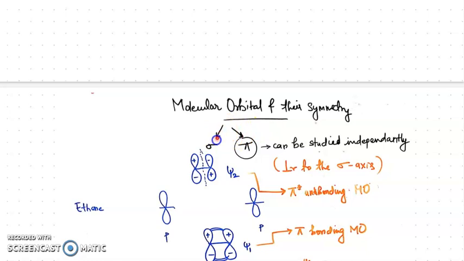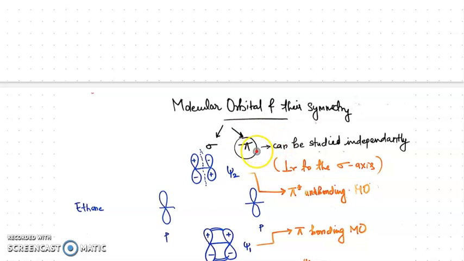There you might have seen two different types of molecular orbital: sigma molecular orbital and pi molecular orbital. Now, in pericyclic reactions, as I already mentioned, we have more of the pi molecular orbitals.